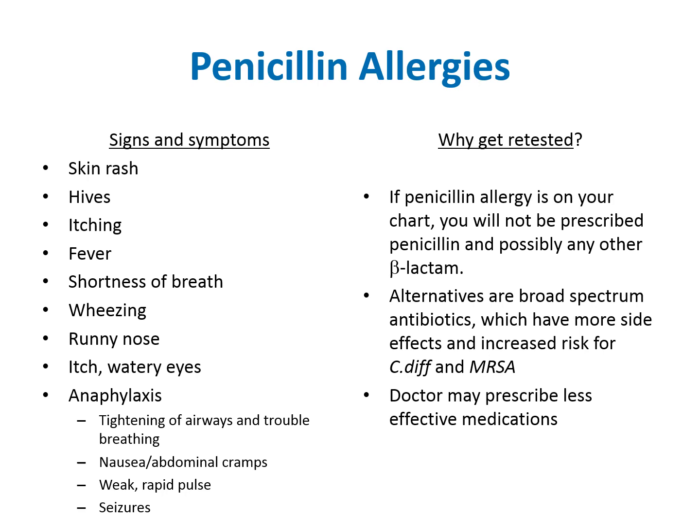Maybe they have itching or fever or shortness of breath. Could be wheezing. In the most severe cases, they have anaphylaxis, which is a life-threatening allergic reaction. Usually that's accompanied by tightening of the airways and trouble breathing, a weak, rapid pulse, seizures, abdominal cramps, or nausea.